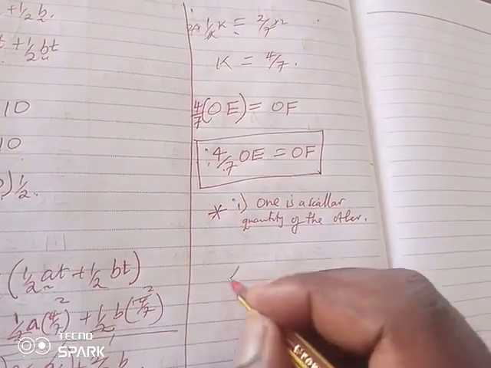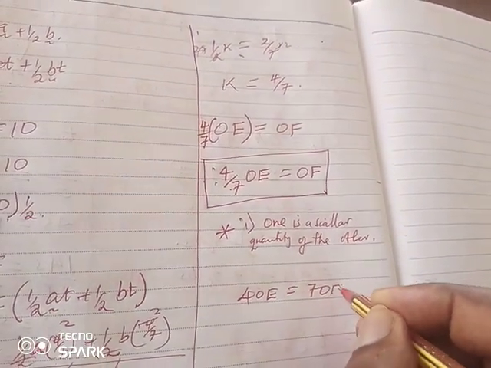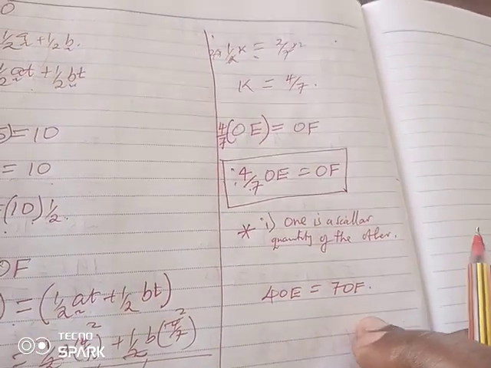Or somebody can just say 4 OE is equal to 7 OF. So they are scalars of each other.